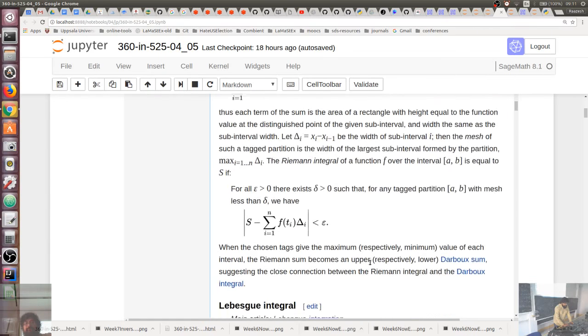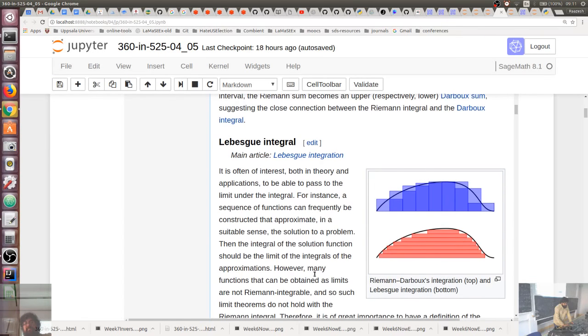The Lebesgue integral is another idea. There, instead of chopping up the domain regularly, you look at the height upstairs. Maybe you start with some big number here, and then you chop this into pieces this way.